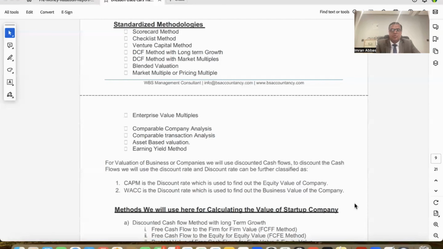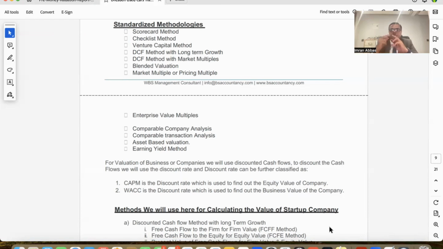Let me share the screen with you, where you will get the idea of how many valuation methods there are, and which methods we will use. There is the scorecard method and the checklist method. Both methods are based on the American approach.